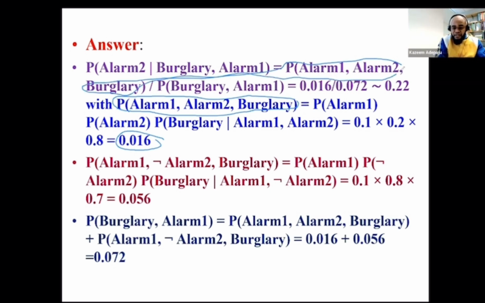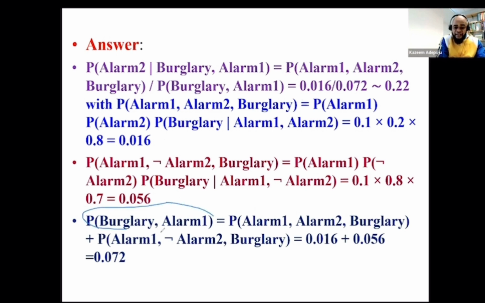Now, the next thing is to figure out the denominator, which is the probability of burglary and alarm 1. Don't forget, that's a total probability.